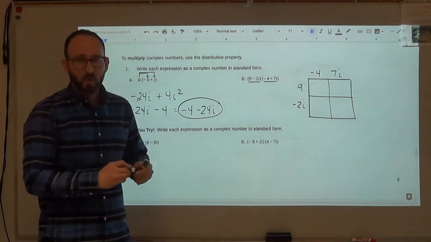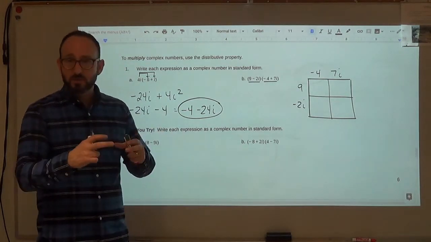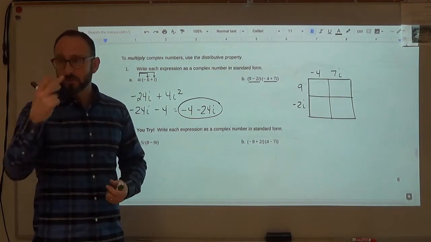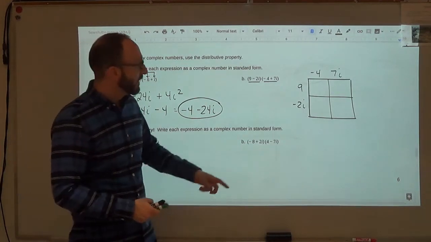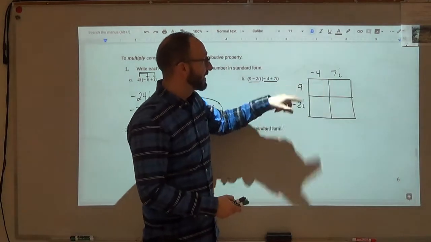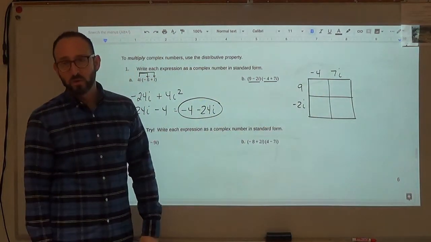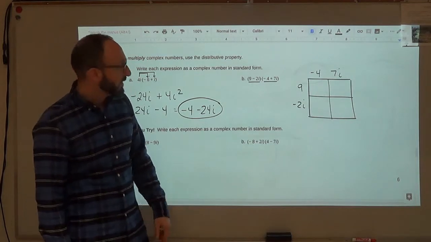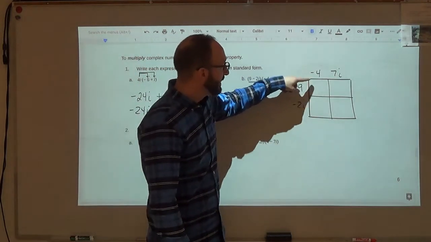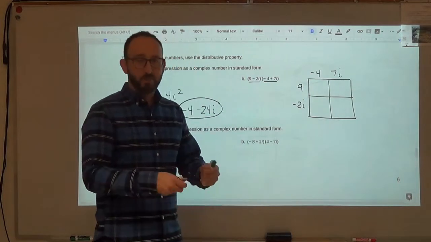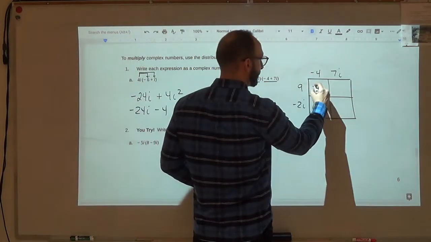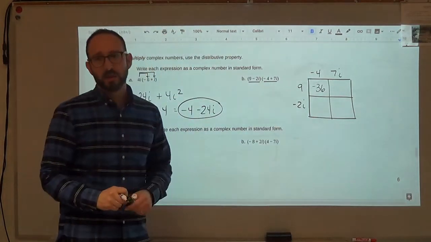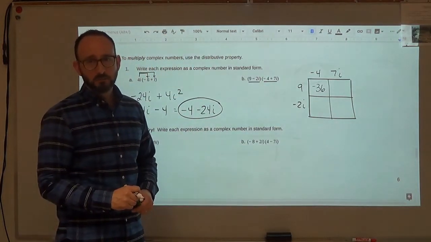All good? So what that's done for us is it's broken up the rectangle into 4 smaller regions, and we can find the area of each of those regions. So what are the dimensions of the rectangle in the upper left-hand corner of our area diagram? The dimensions are 9 by negative 4, so the area would be negative 36. What are the dimensions of the upper right-hand rectangle? 9 and 7i.